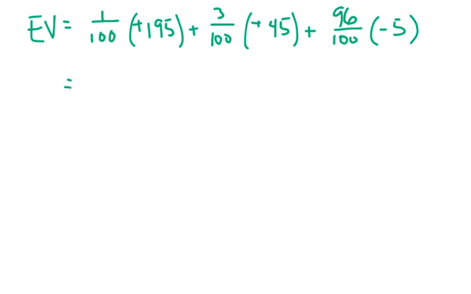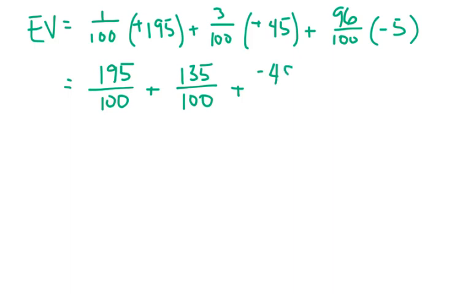Now we need to multiply, and I'll have 195 over 100 plus, let's see, 45 times 3, 135 over 100, and then 96 times negative 5 is negative 480 over 100.